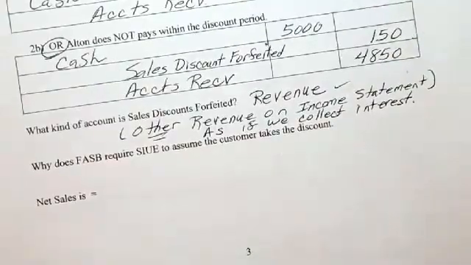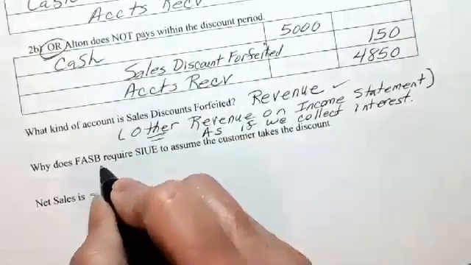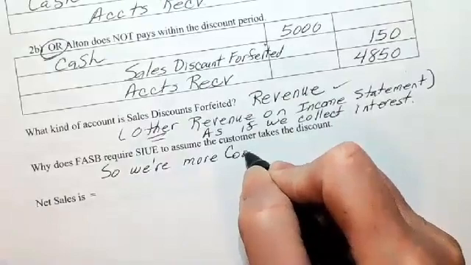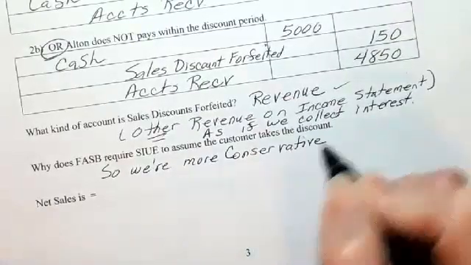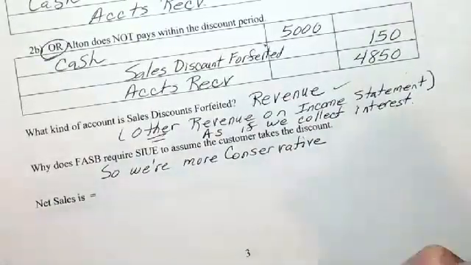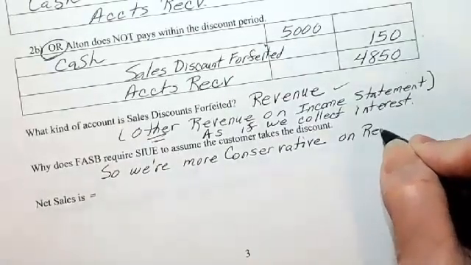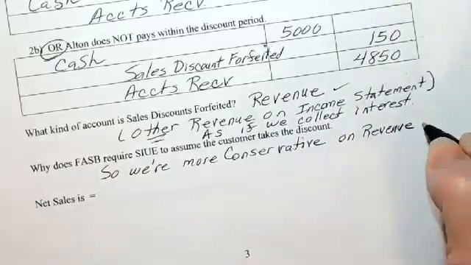Why does FASB require SIUE to assume that everybody takes the discounts? This is one of those principles they talked about in the early chapters. We're a little bit more conservative on the revenue that we report.